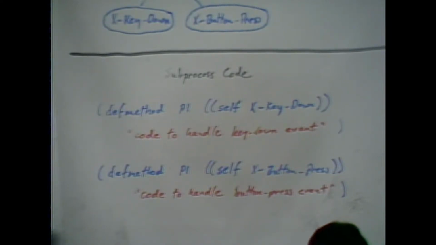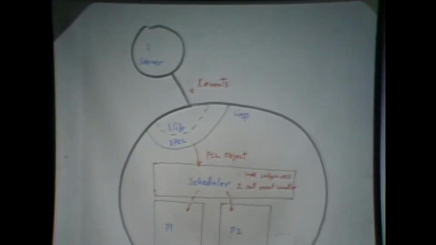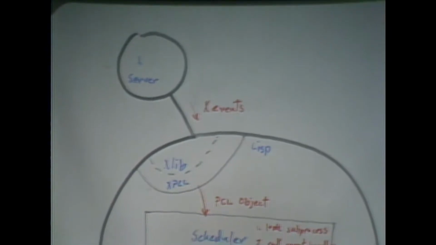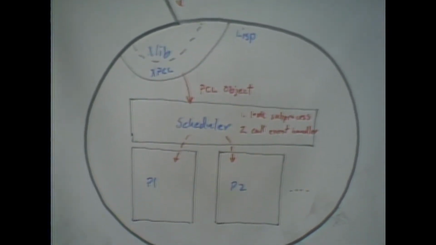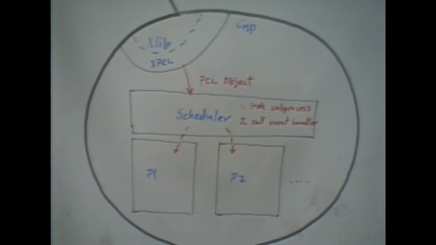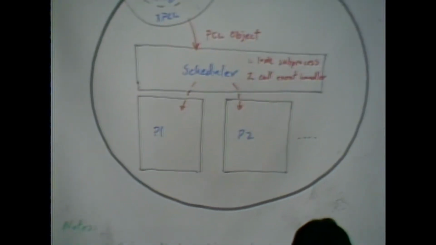And what the scheduler does is to take the events from the server in through Xlib, pass it through this thing that converts the event to a PCL object, hands that PCL object off to the scheduler. Scheduler looks up the window subprocess binding and then just does a straight method call to get to the correct code within that thing.